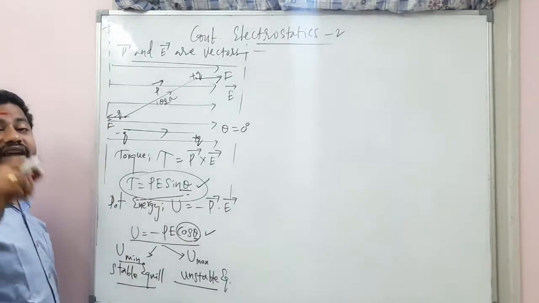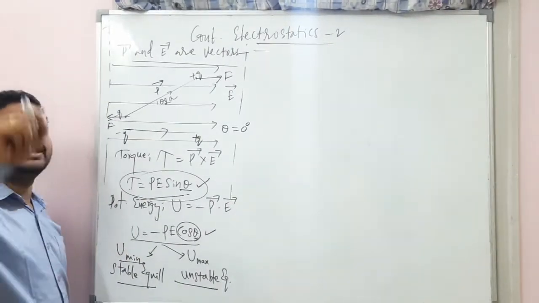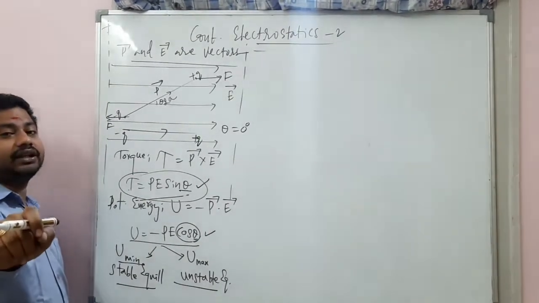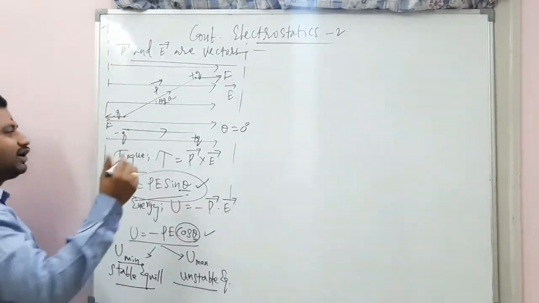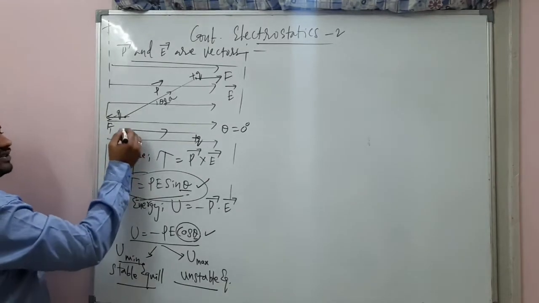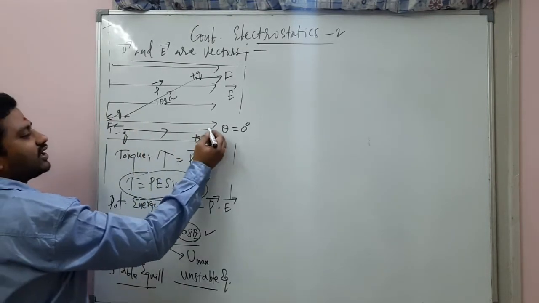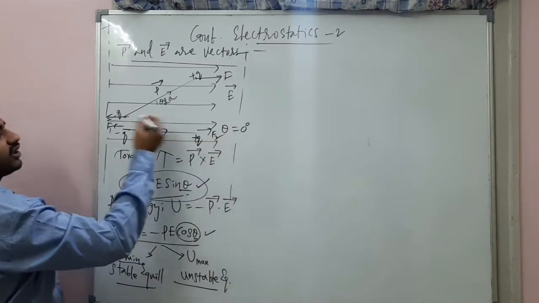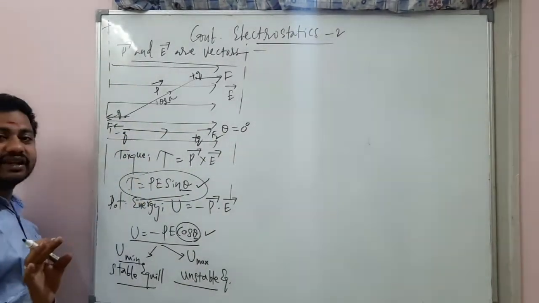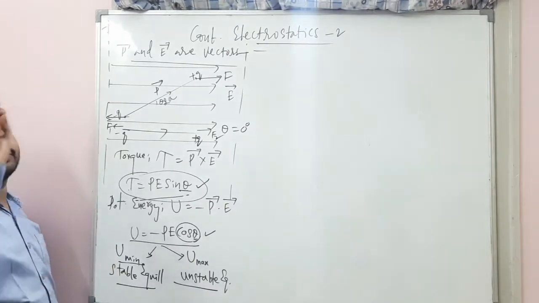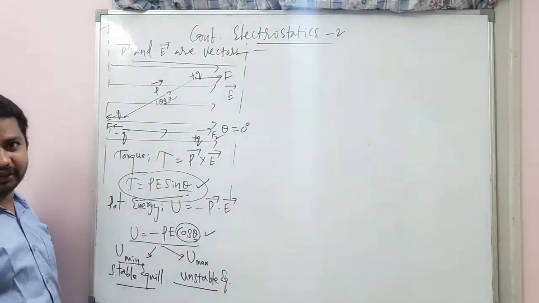That means the body is in rotational equilibrium and it is also in translational equilibrium, because one force F1 is in this direction and another force F2 is in this direction, both are the same. So the body is in translational equilibrium as well as rotational equilibrium, my dear students.